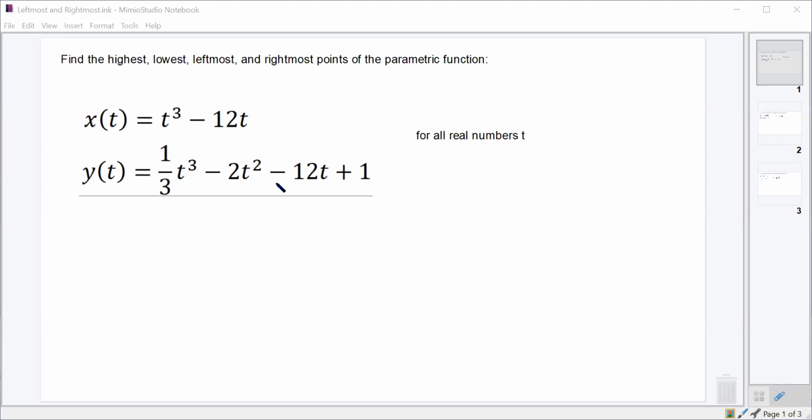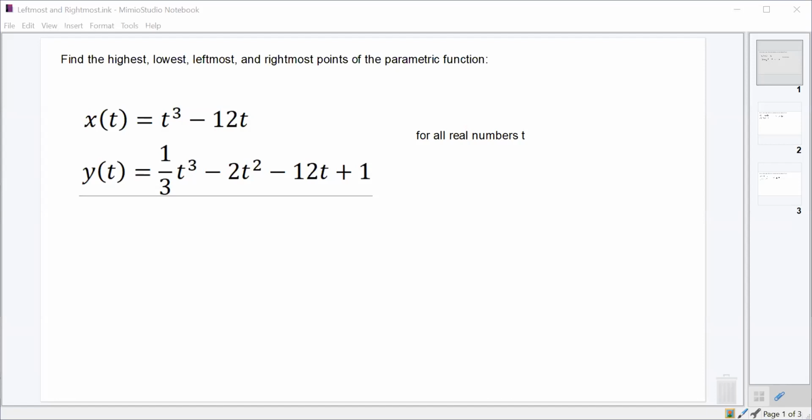Any thoughts on how we're going to do that? All right, so yeah, the max y and the min y should be our highest and our lowest points, right? And then the same for x.